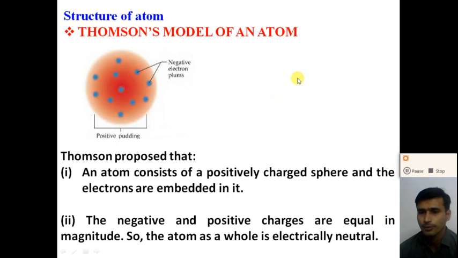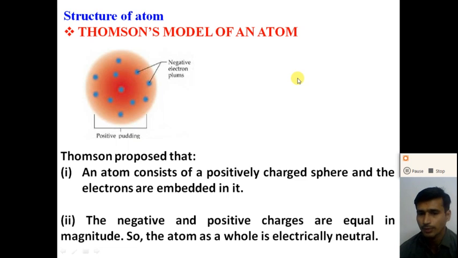But the first success of J.J. Thomson's model is that the atom consists of positive charge as well as negative charge in the same amount, and the atom is an electrically neutral particle. And experimentally, J.J. Thomson derived that the size of the atom is about 10 raised to minus 10 meter, right?